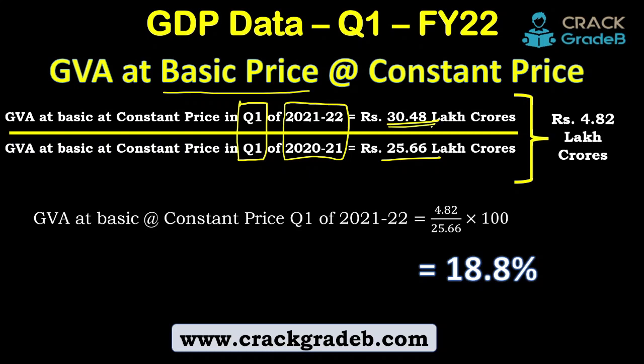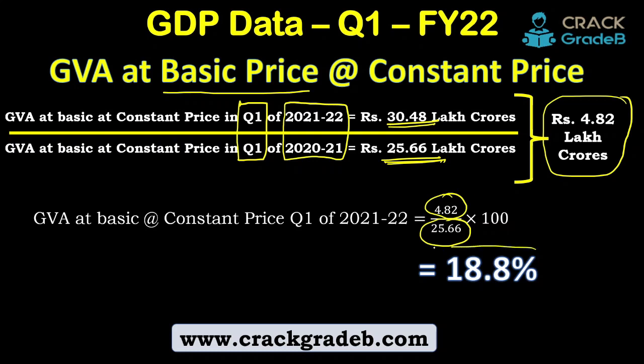Currently, it is 30.48 lakh crore. Previously, in quarter one of the previous year, it was 25.66 lakh crore. So the difference is 4.82 lakh crore. Same 4.82 lakh crore divided by the previous year's data, 25.66 lakh crore, multiplied by 100, you get 18.8 percent growth in the GVA at basic price at constant price, right?